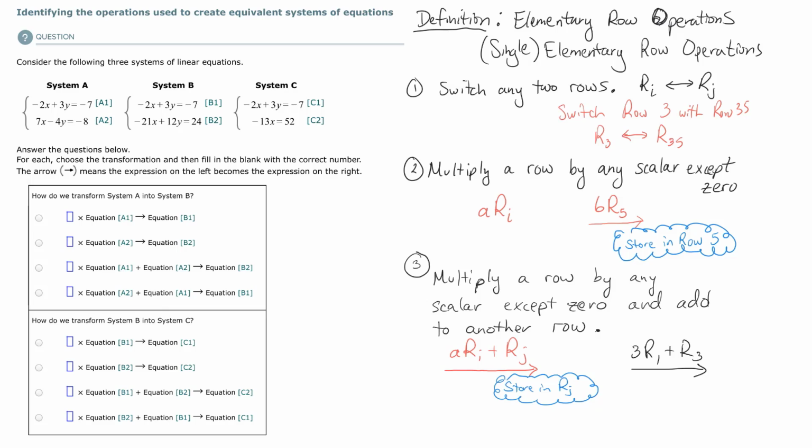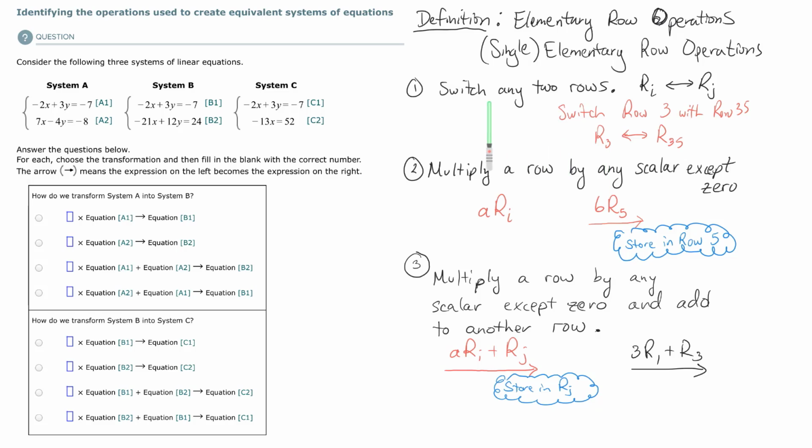Why don't I go ahead and pause this for a sec, or you go ahead and pause the video. Make sure you write all these notes down. You do need these definitions. You need to know that these are our 3 single elementary row operations, and you can only do them one at a time.